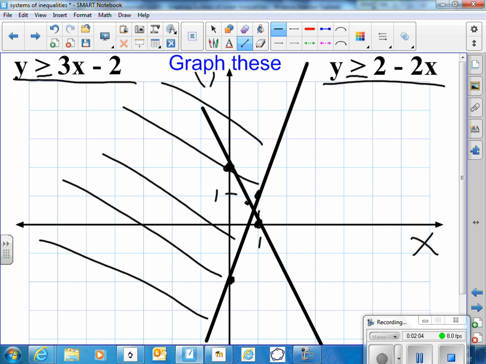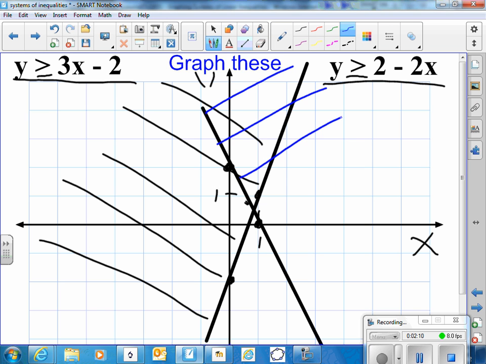But it says greater than. So for example, 4 is greater than 2, that point right there. So everything on that side of the line needs to be shaded.